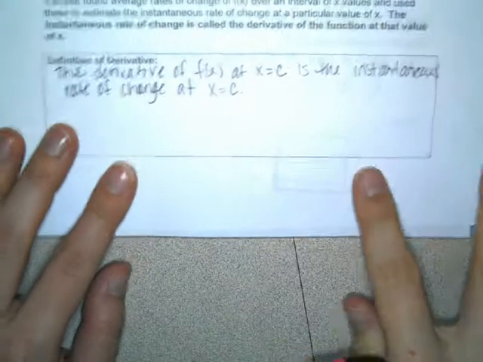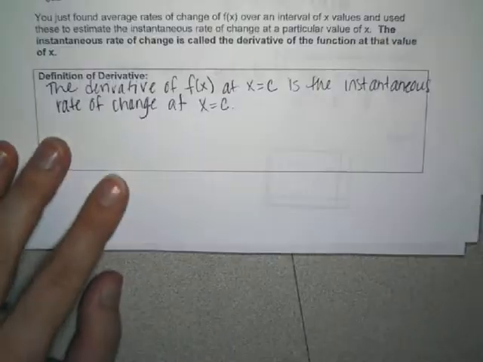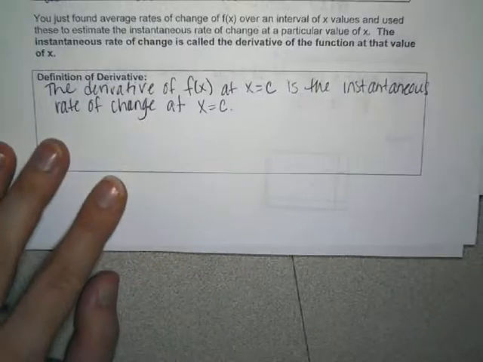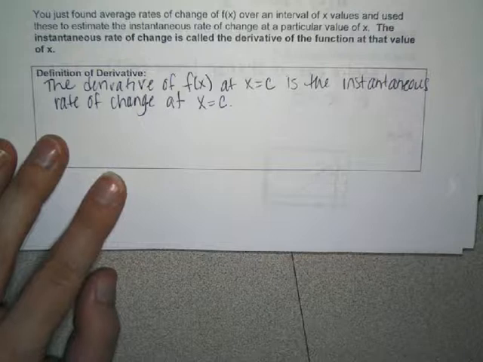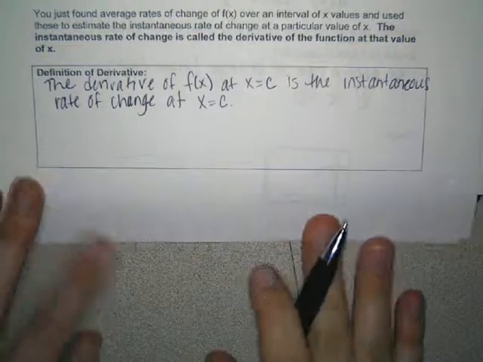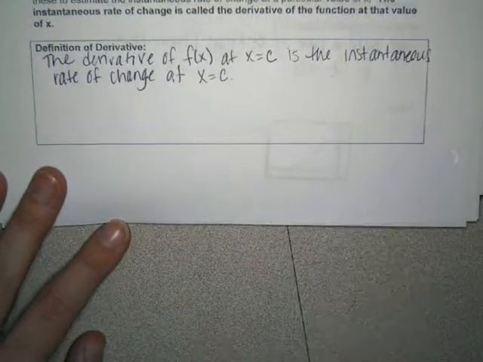So when you're talking about the derivative, it is the instantaneous rate of change. What we're doing in this section and in D2 is we are estimating the instantaneous rate. We're not actually finding the instantaneous rate yet. We'll add to it after we do some more problems here.